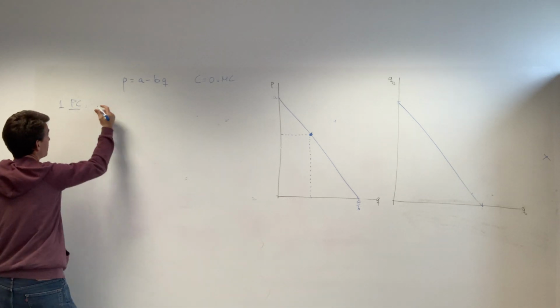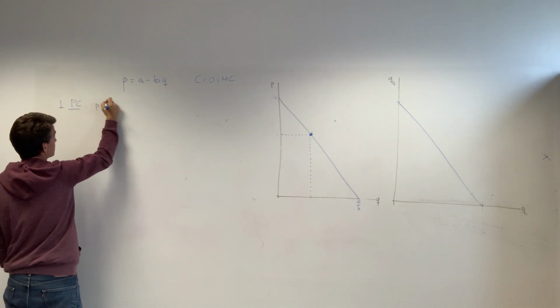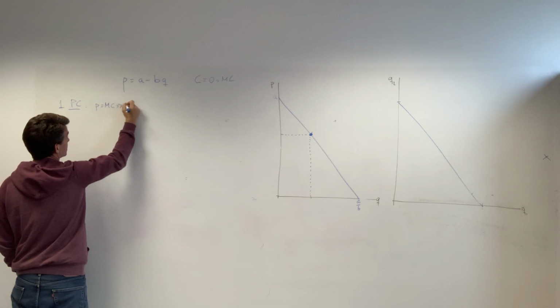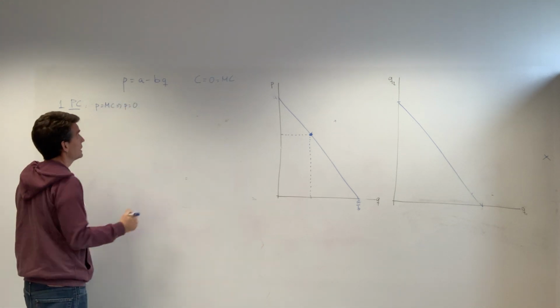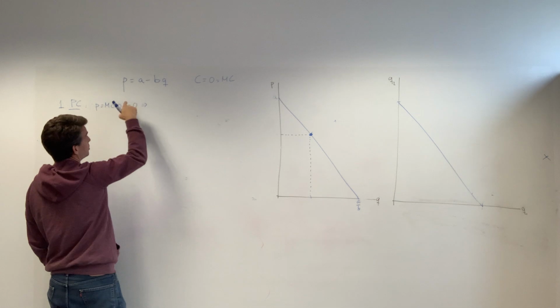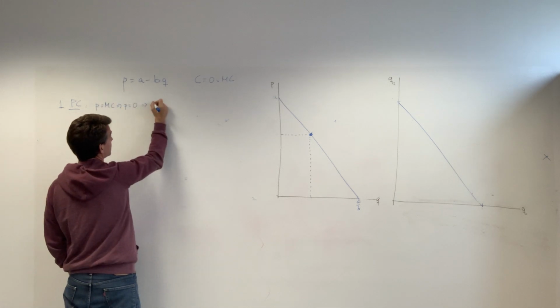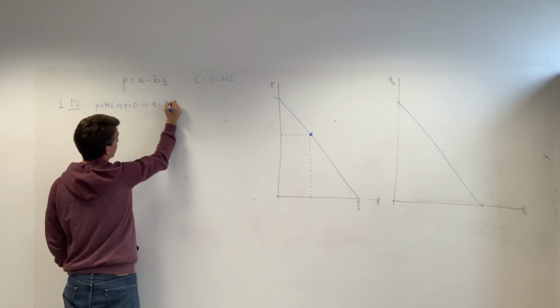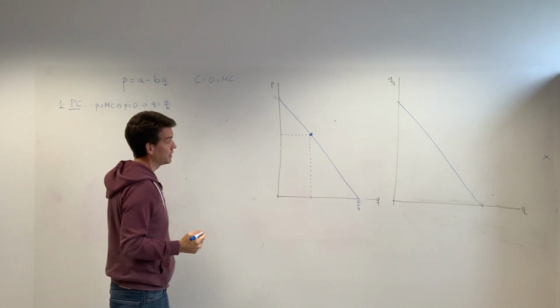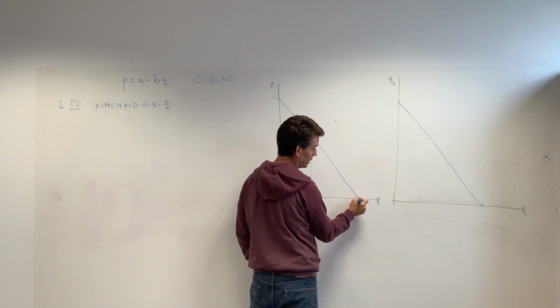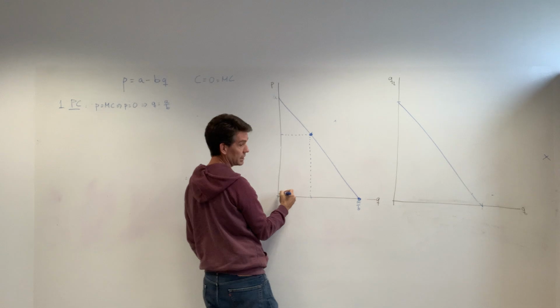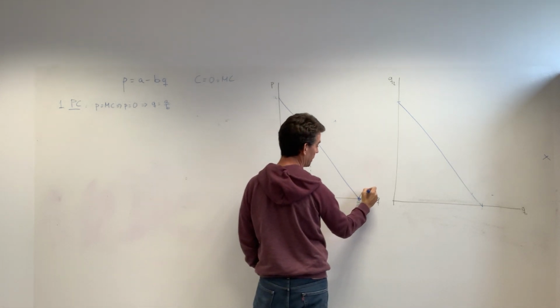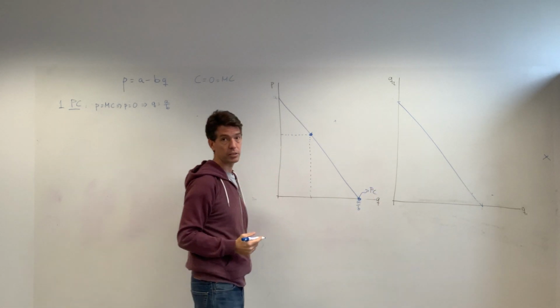So price equals marginal cost, so the price is going to be equal to 0. Given that the price is 0, then we substitute 0 in the demand function and we see that the quantity is going to be A divided by B. So under perfect competition, we'll be at a point down here where the price is exactly 0, the quantity is A divided by B. This is what happens under perfect competition.